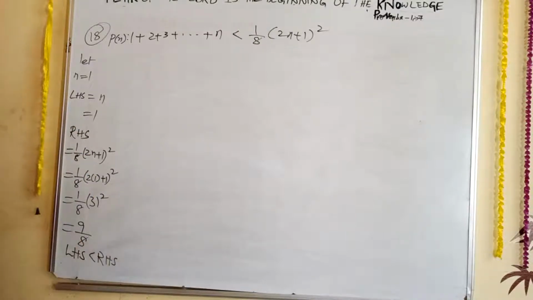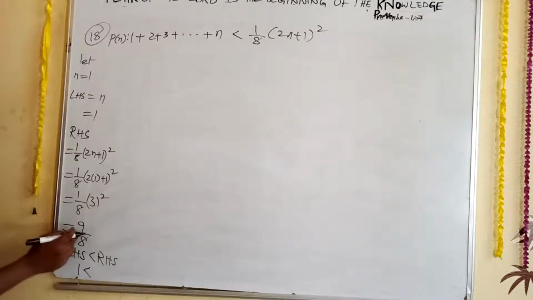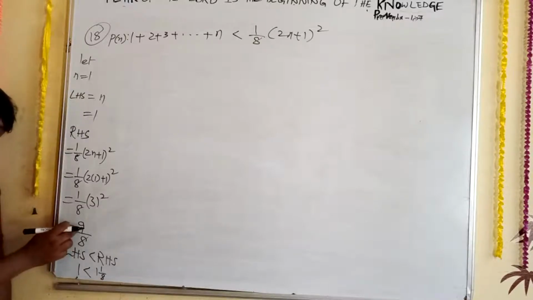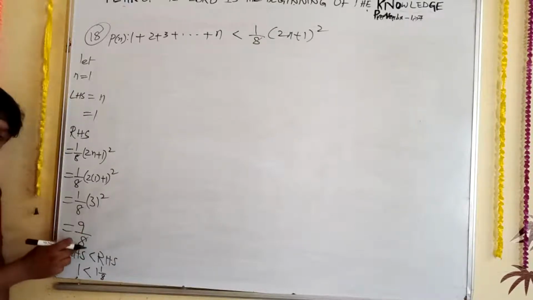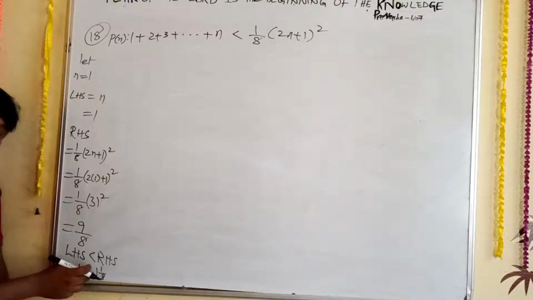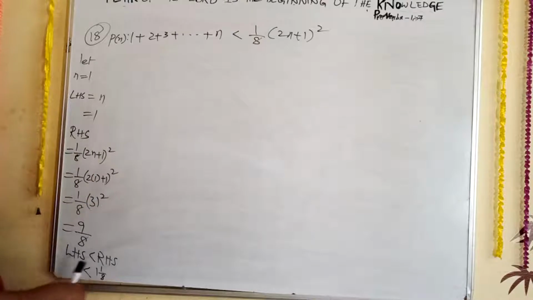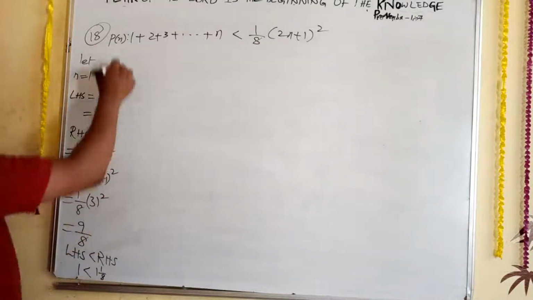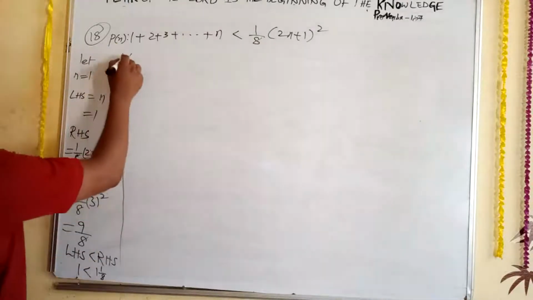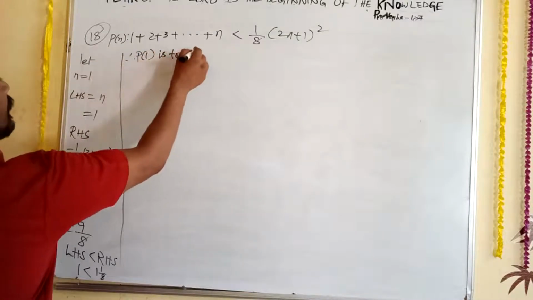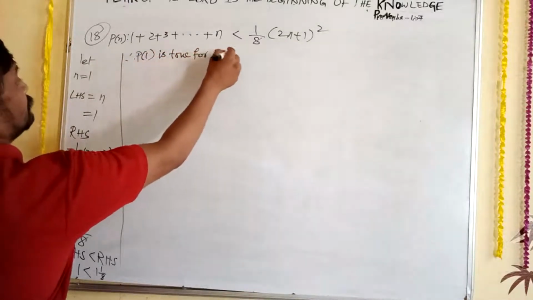You may ask how, sir? 1 is less than, we can write this as 1 and 1 upon 8, when you convert this improper fraction into a mixed fraction. So therefore LHS is less than RHS happened. So I'll write, therefore, P of 1 is true for P of n.